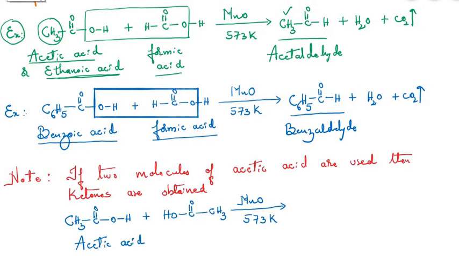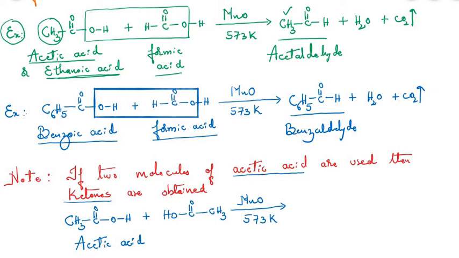Next we are having a note, students, that is, if we are going to use two molecules of acetic acid, then the product ketones are obtained under the same conditions of temperature along with the same catalyst, that is manganese oxide.